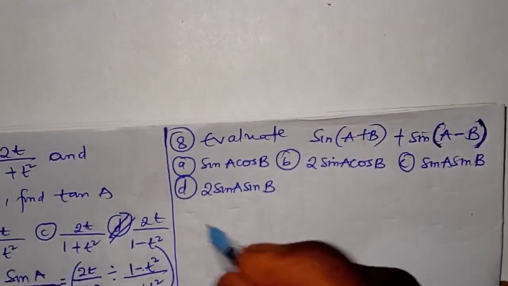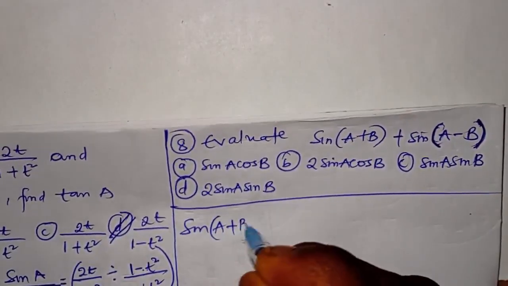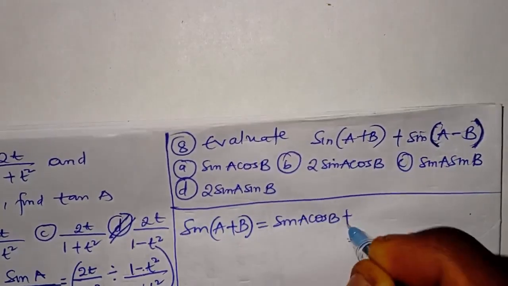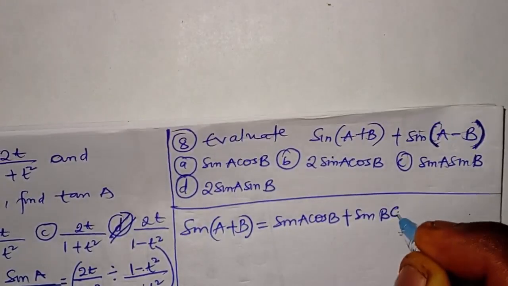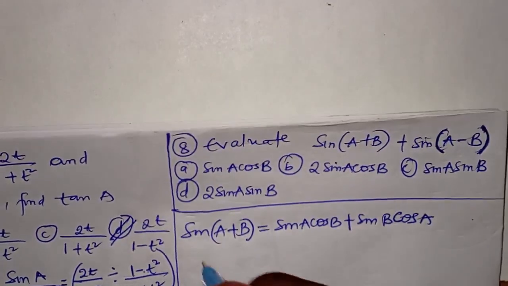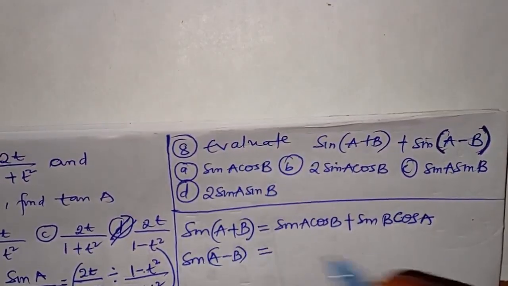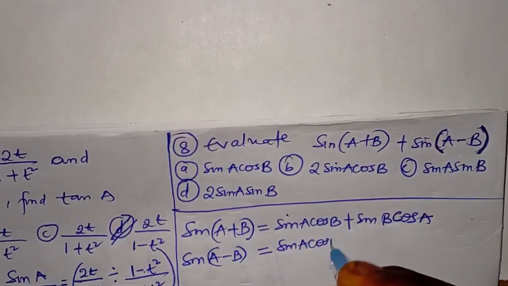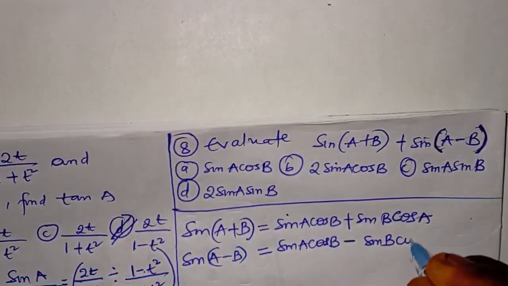Now remember, sine A plus B is sine A cos B plus sine B cos A. Yes. And sine A minus B is almost the same, just that I will write sine A cos B minus sine B cos A.